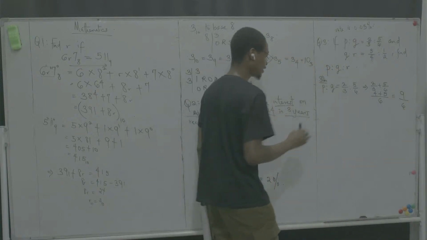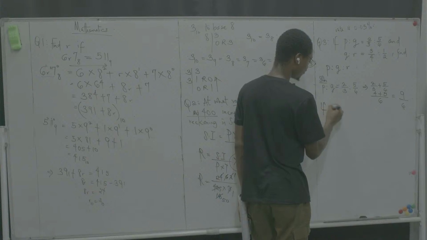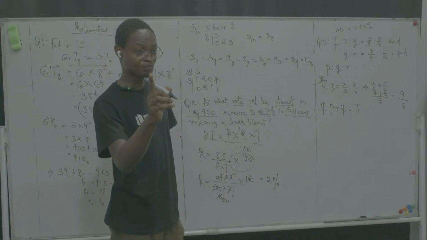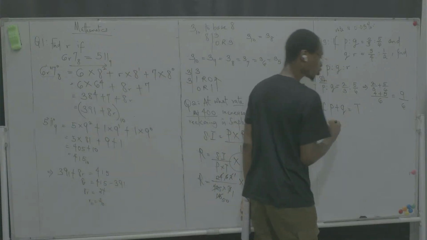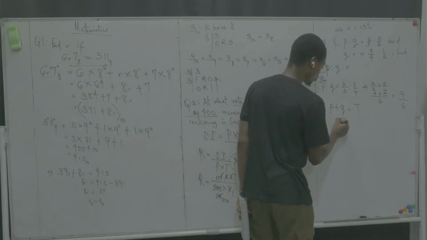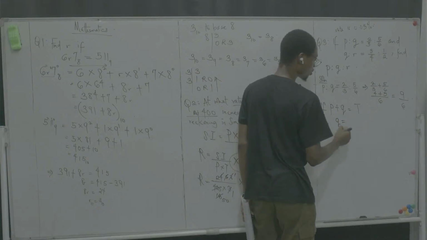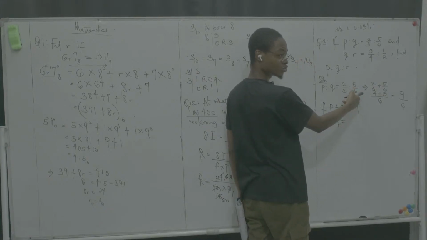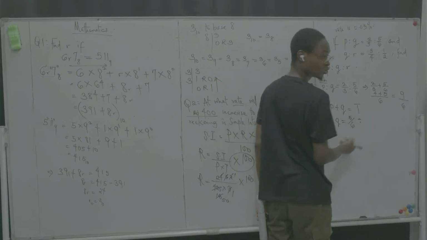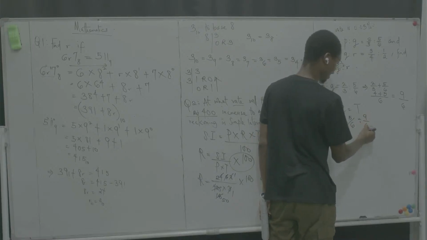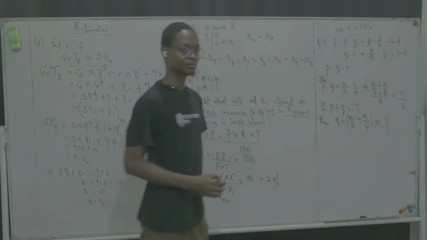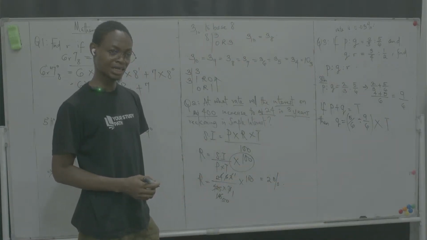Clearly, if P plus Q is equal to T, that's the total of the addition of these two altogether, then Q will be equal to the ratio of Q, which is 5/6, divided by the total ratio, which is 9/6, of the total quantity. Are we together? Are we good?